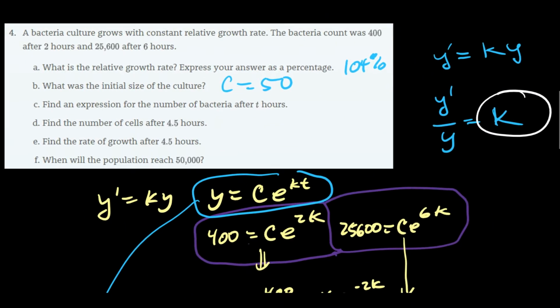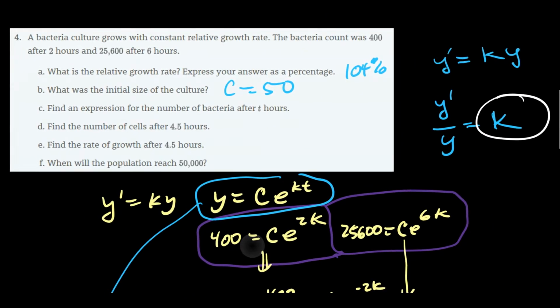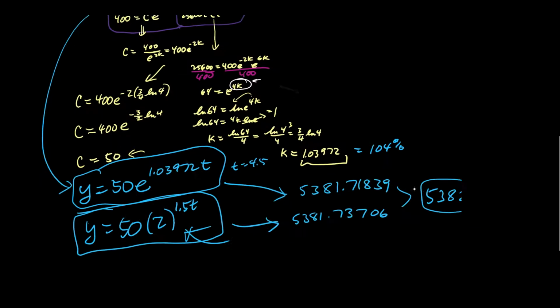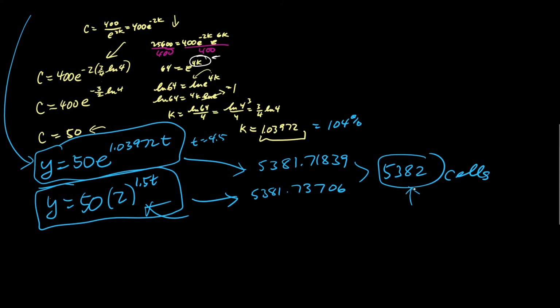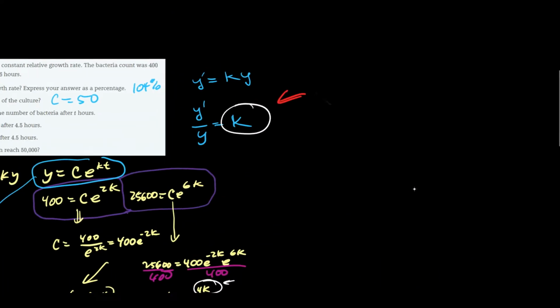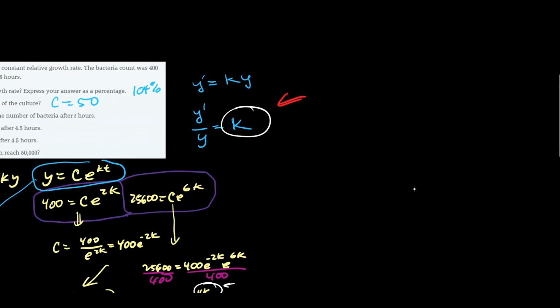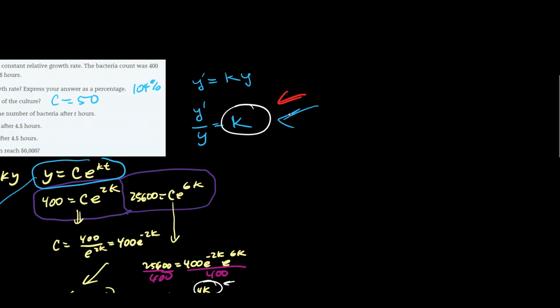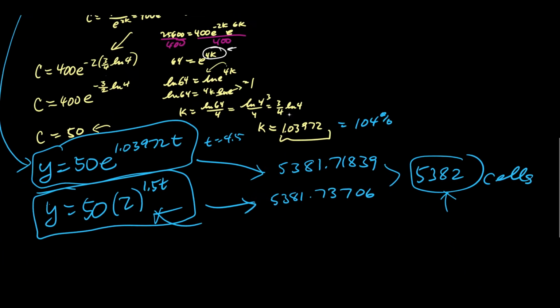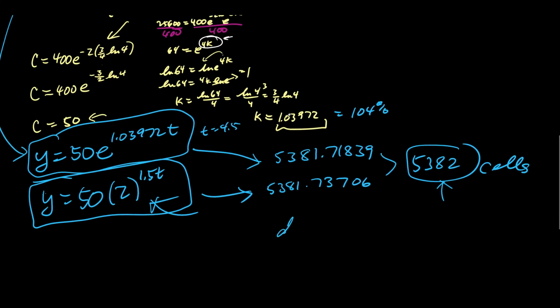Now, what's the last thing we need here? It's probably just going to be some algebra. Find the rate of growth after 4.5 hours. So we're going to use this here, where the rate of growth is right up here. So we have dy over dt, or y prime.